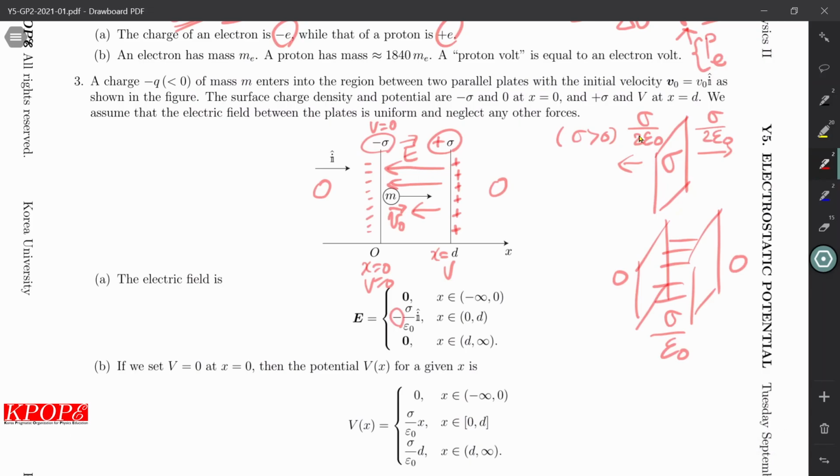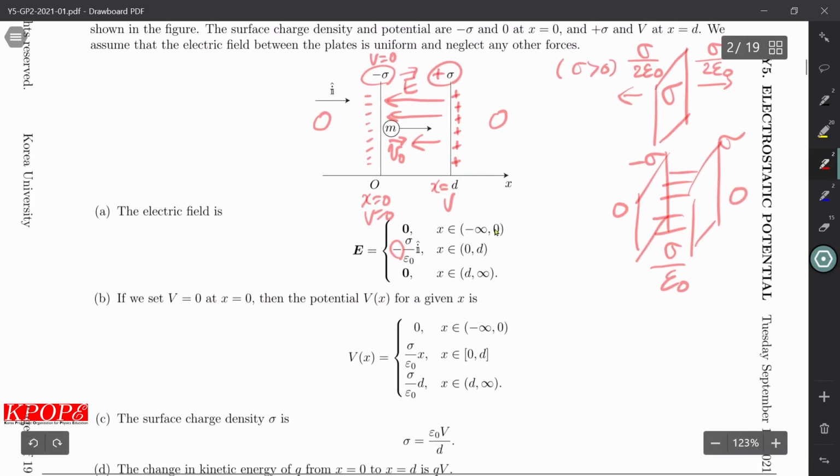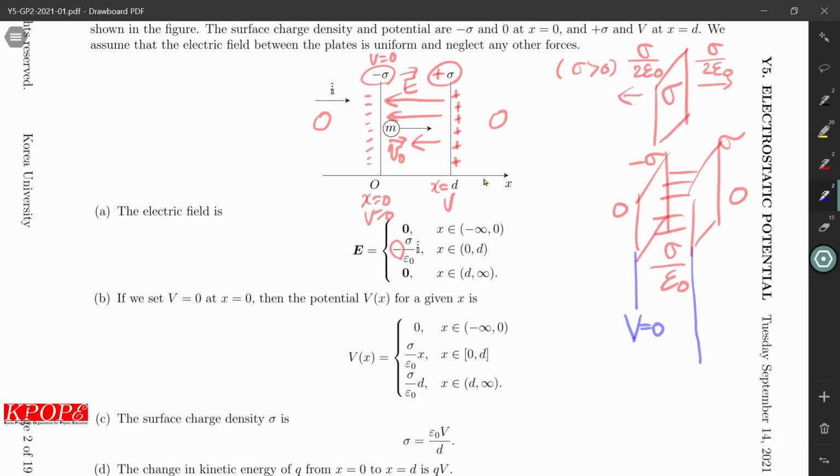So sigma and minus sigma. All right, the electric field is like that, and it is constant. We have V equals 0 at the reference plate, and we want to know the potential in here. The electric field is in this direction.